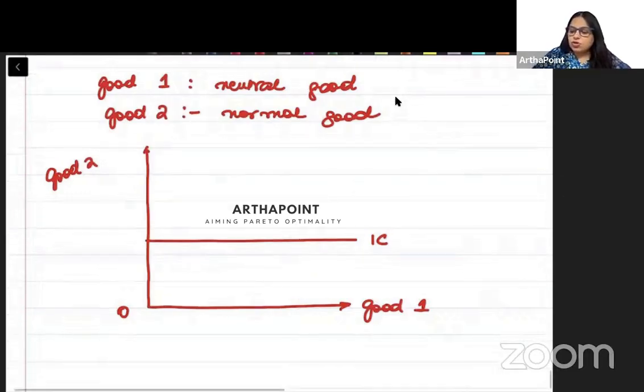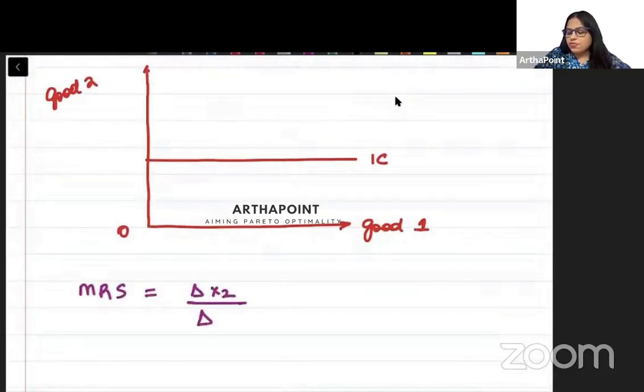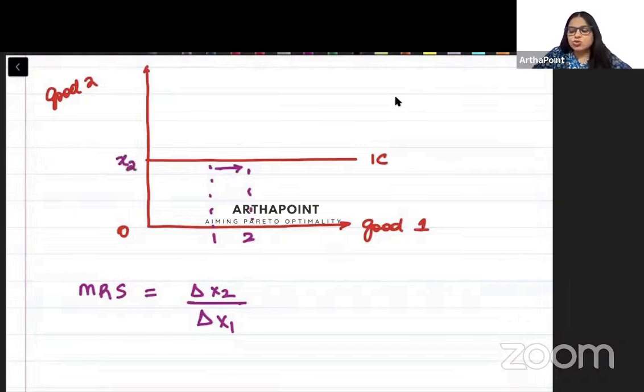So now we talk about MRS. MRS is the amount of good 2 you are willing to give up for an extra unit of good 1. एक extra good 1 के लिए, good 1 जब 1 से 2 जा रहा है, how much good 2 are you willing to give up? No good 2. Your good 2 is fixed at x2 units. So when good 1 is increasing, are you changing the amount of good 2?